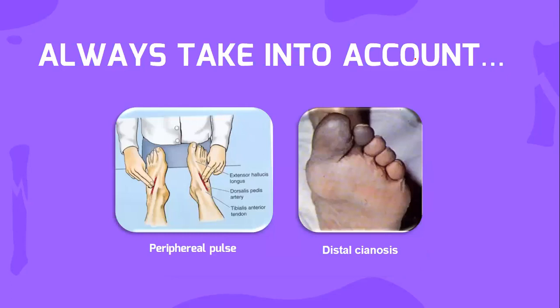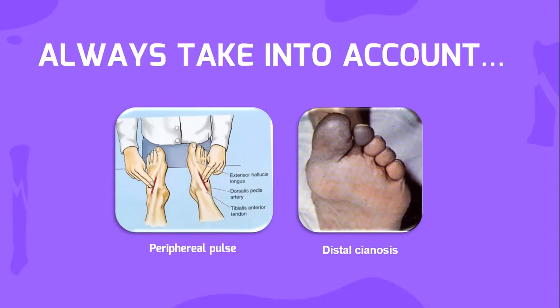So we always have to take into account two main things. Let's say that this patient got to the emergency department, the OR, and had an accident and might be having a fracture in the lower limb.